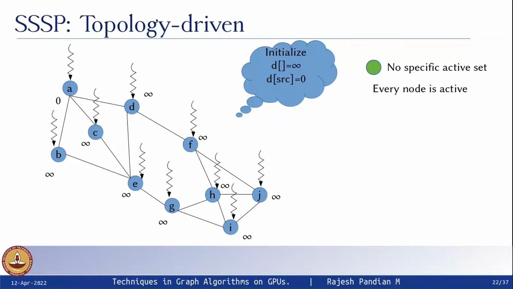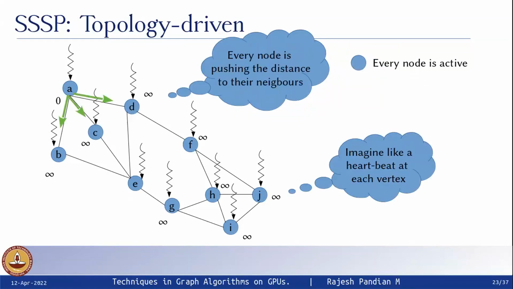So how does the topology driven approach work? As I said earlier, every node is pushing the distance from itself to its neighbors. We can imagine this like a heartbeat or a ripple kind of effect at each vertex.